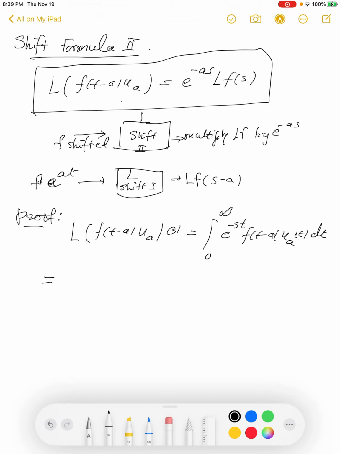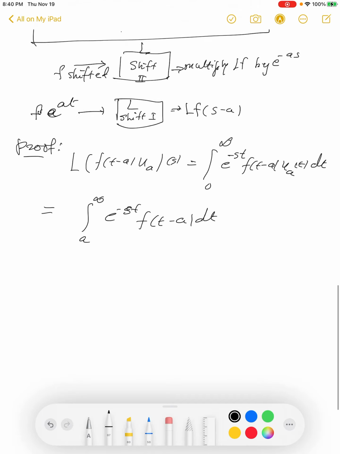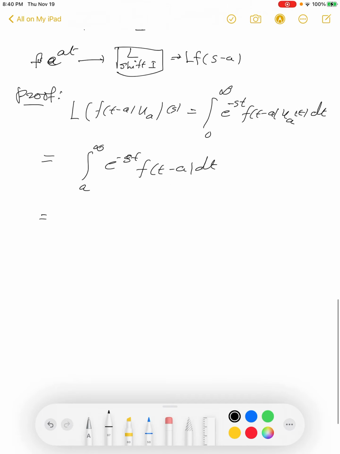This will be simply the integral from a to infinity, because u_a is going to make the whole thing 0 before a. So it's e to the minus st f of t minus a dt, which we write as a limit, of course, as m tends to infinity, the integral from a to m of e to the minus st f of t minus a dt.